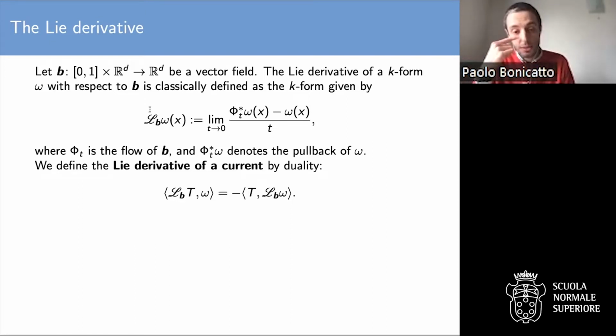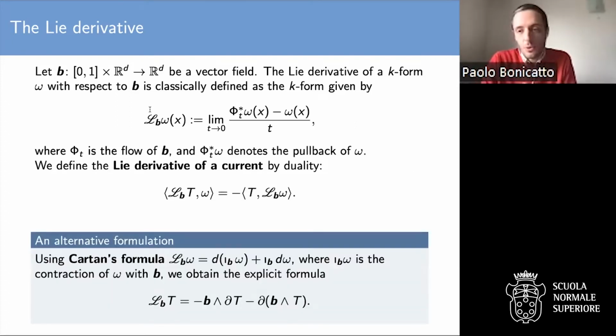And let me say that for those of you who are more acquainted with currents and who know about the wedge product of currents, there's a fairly explicit formula that one can get for the Lie derivative operator, in terms of the vector field, the current and its boundary. It's precisely the one that I've written in the blue box on the slide.